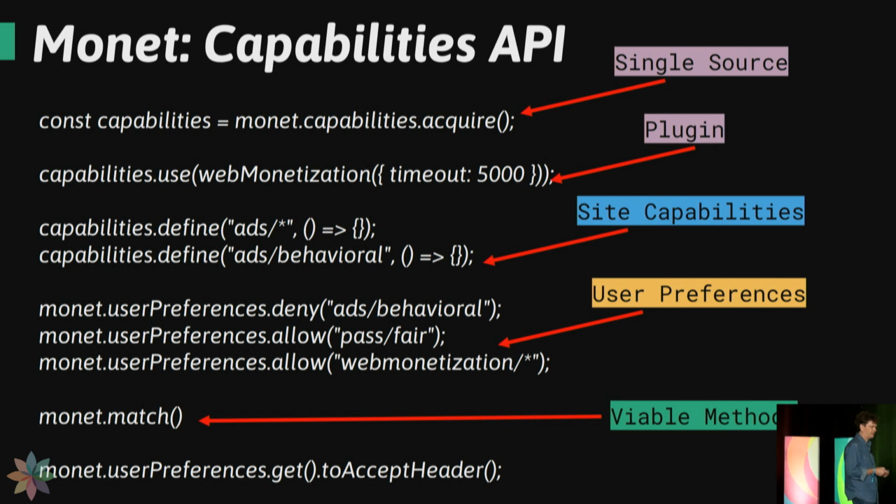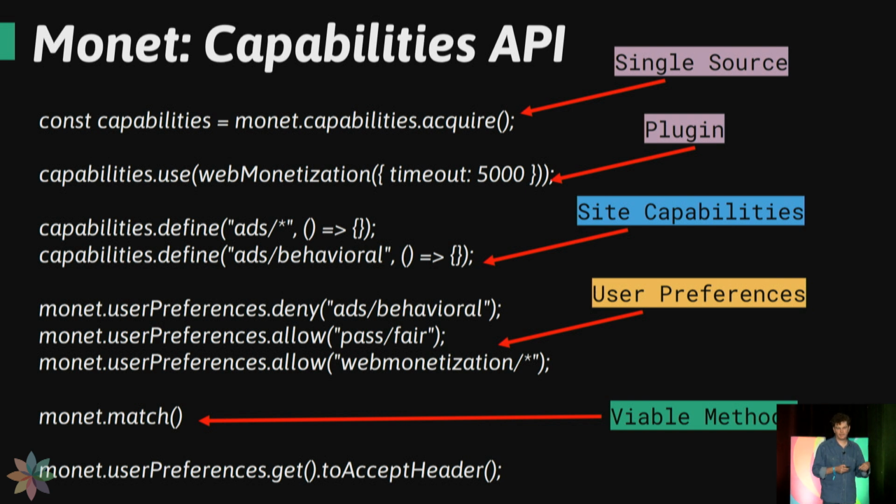So with MIME types, we have text/HTML as the MIME type for HTML pages. With this, we imagine a hierarchy of ads/behavioral, for example, or path/web monetization. And with this, we sort of build a language that we can start describing the monetization methods.